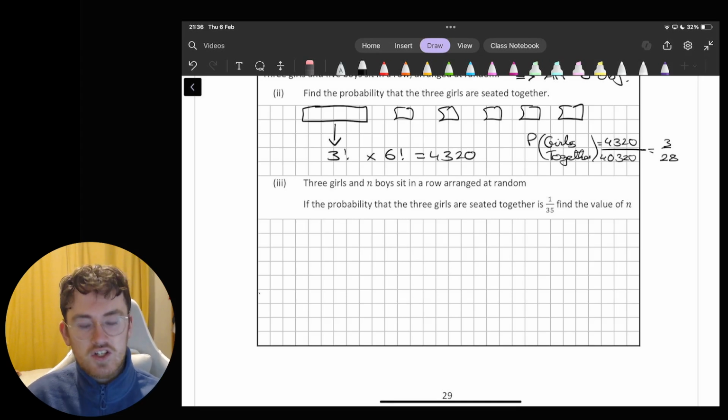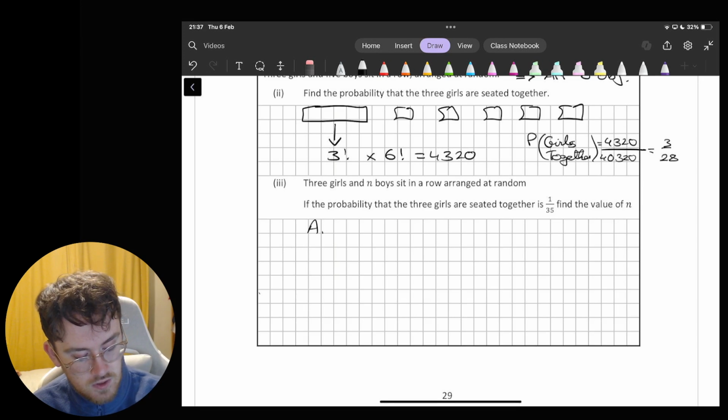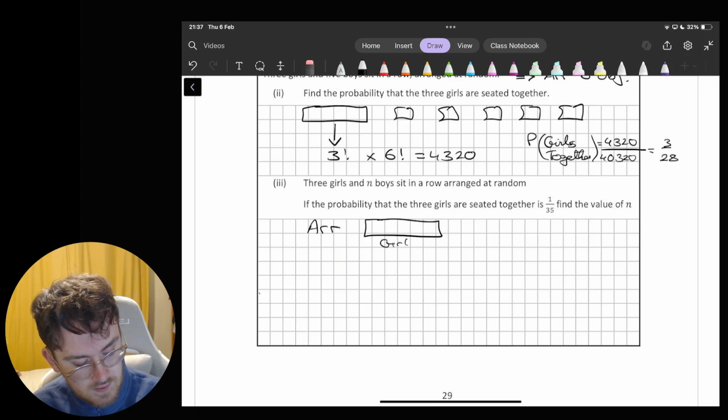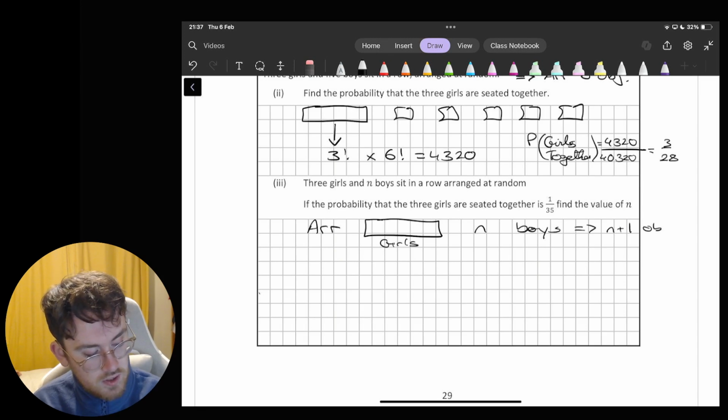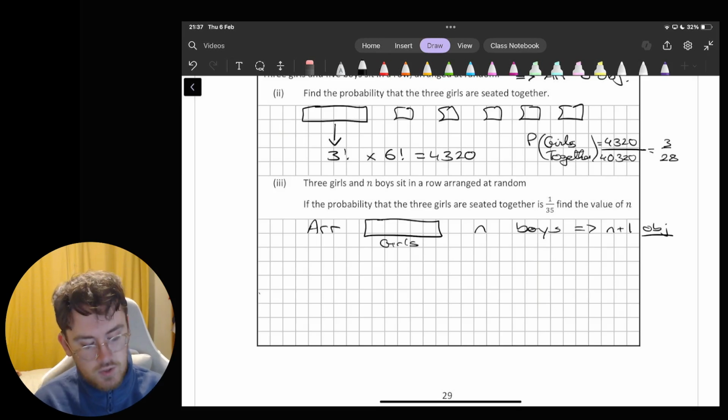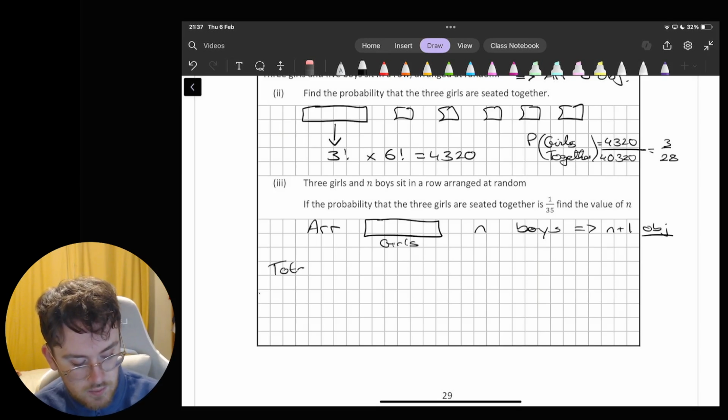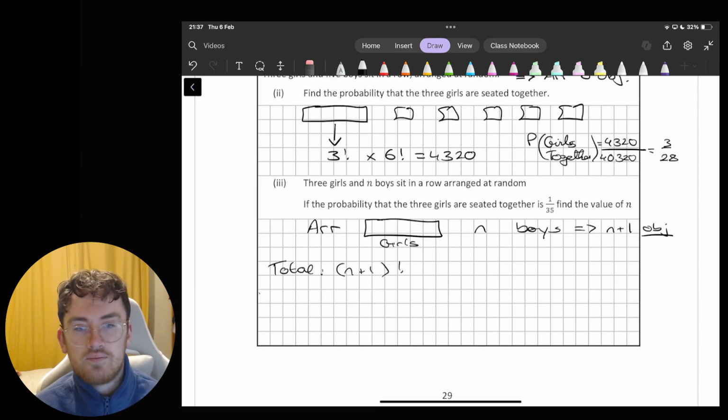The 3 girls are going to be seated together, which means we are arranging the block of the girls and the n boys, which means we're arranging n plus 1 objects. So the number of arrangements then is n plus 1 factorial.